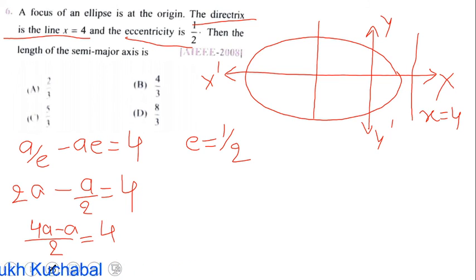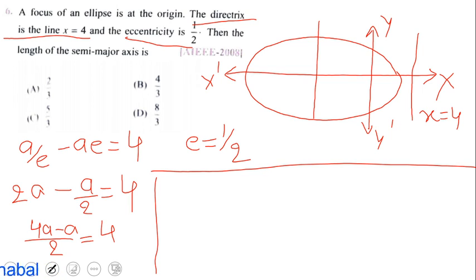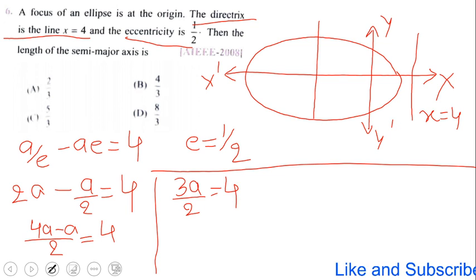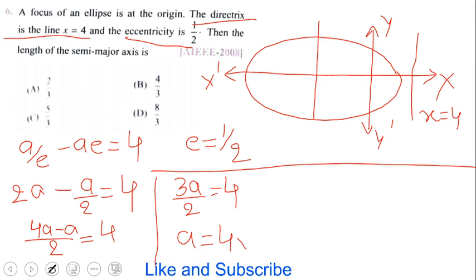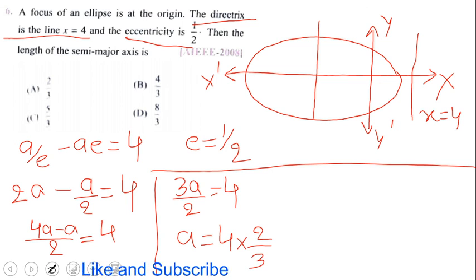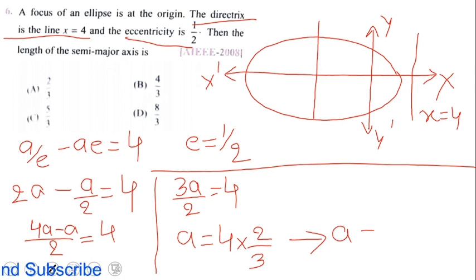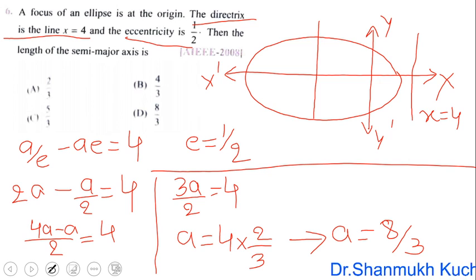Simplify it, so we get 3a divided by 2 equal to 4. So 2 and 3 we transpose to the RHS, so we get a equal to 4 times 2 divided by 3. There is no cancellation, so multiply it, 4 times 2 is 8, divided by 3. So this is nothing but the semi-major axis.